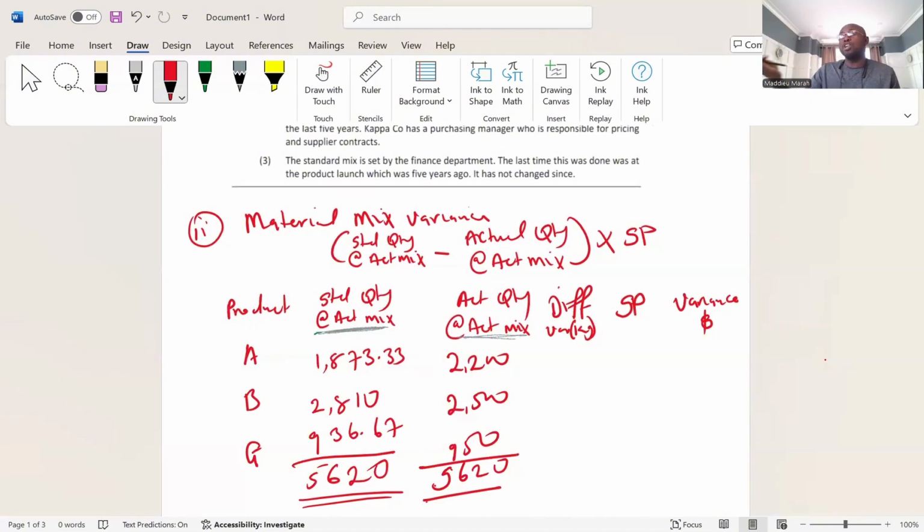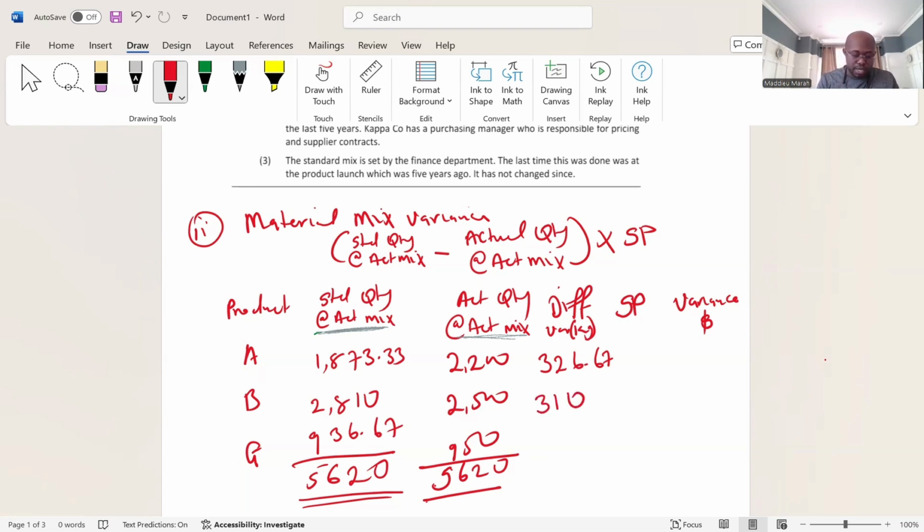So we have to bring a monetary value to it, which is the standard price that will give us the variance in value. Okay? So my variance for the first one, 1873.33 minus 2000. This will give me 326.67. The next one, 2810 minus 2500, 310.